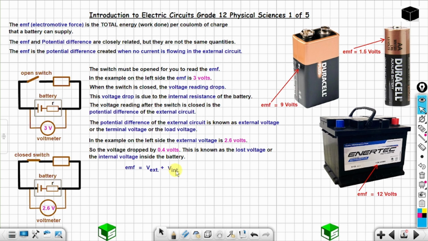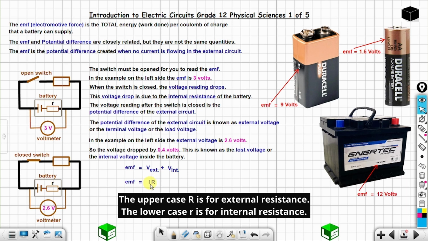The EMF is equal to, remember, the voltage is equal to the current times the resistance. Remember from the previous slide, you have the push is equal to the flow times opposition. So V is equal to I times R, current times resistance, plus now the lost voltage or internal voltage.